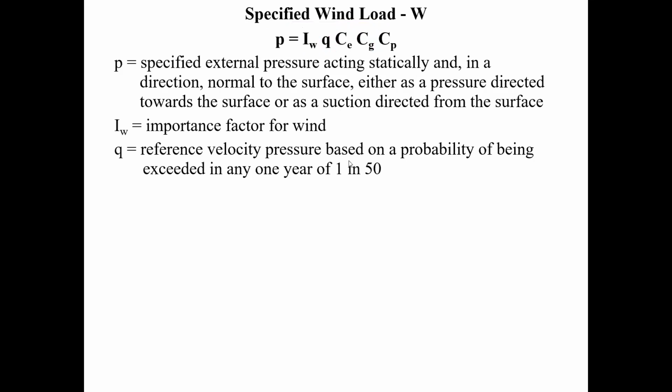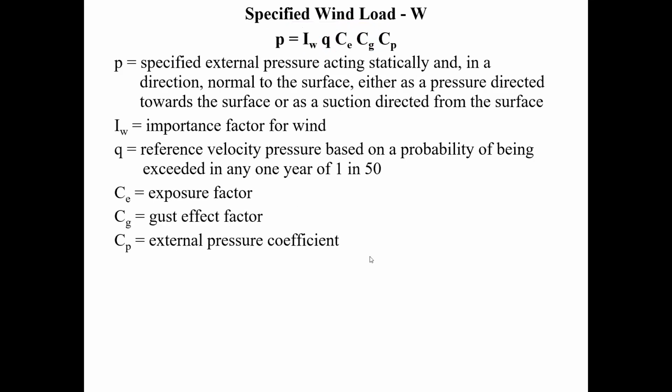So the external pressure acting statically is the pressure, and the importance factor and the reference velocity are based on a probability of once every 50 years. The exposure factor, CE, the gust factor, and of course, the external pressure coefficient. So there's your equation. Now, when you're talking about cladding, when you're talking about a wall, you have both external and internal pressures.